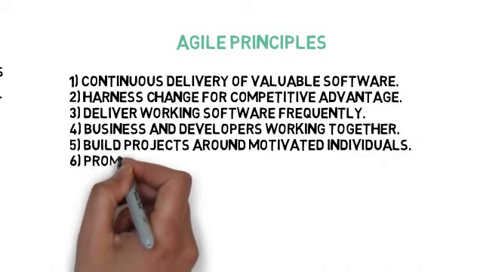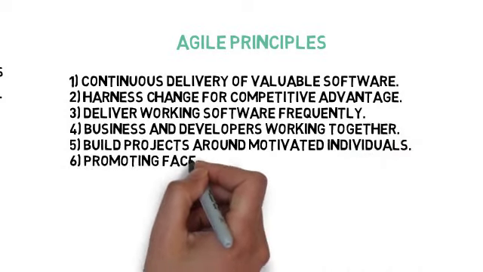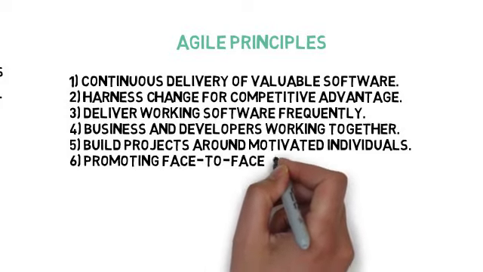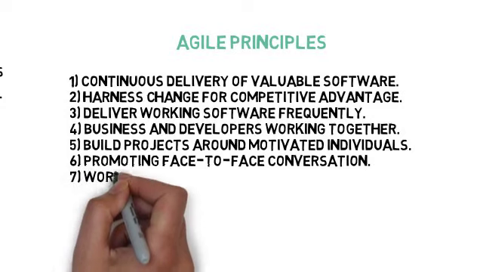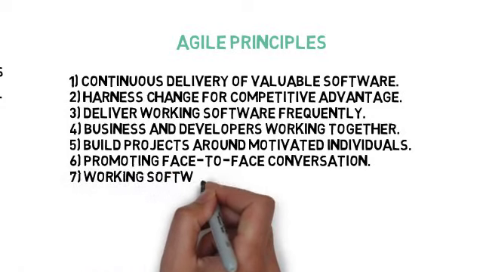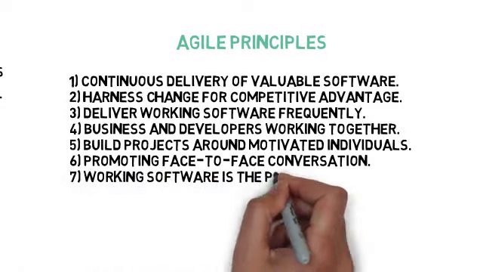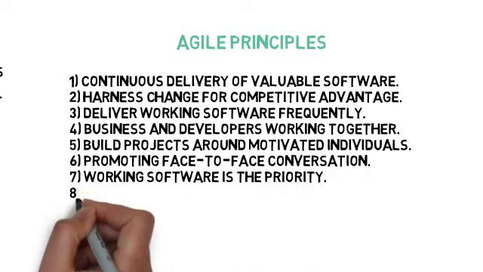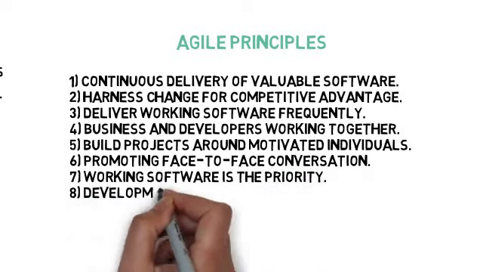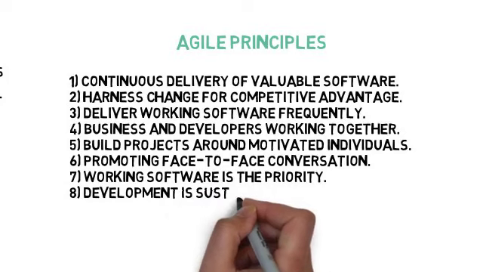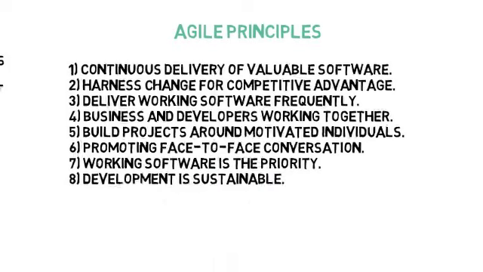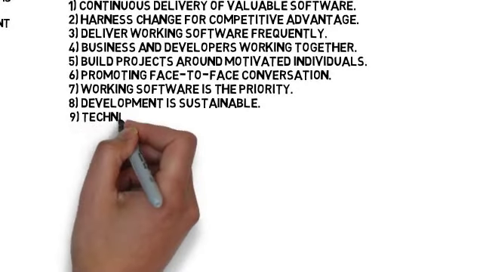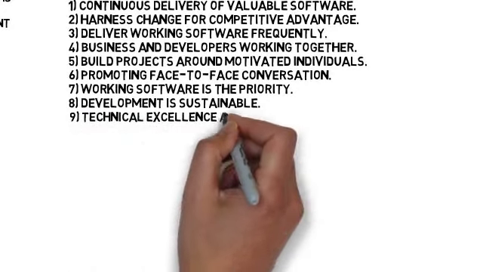Sixth principle, the most efficient and effective method of conveying information to and within a development team is face-to-face conversation. Seventh principle, working software is the primary measure of progress. The eighth principle, Agile processes promote sustainable development. Ninth principle, continuous attention to technical excellence and good design enhances agility.